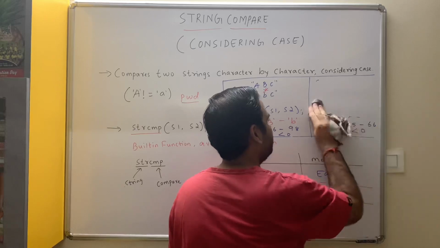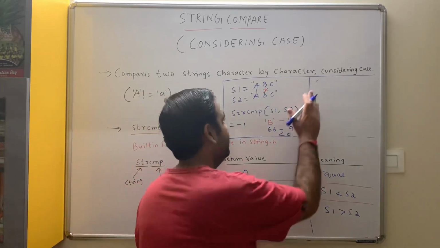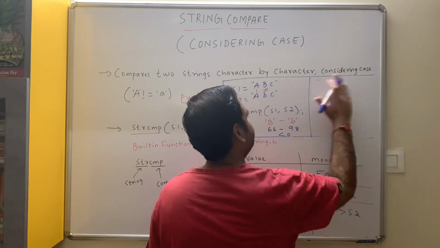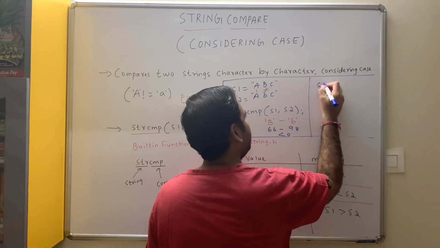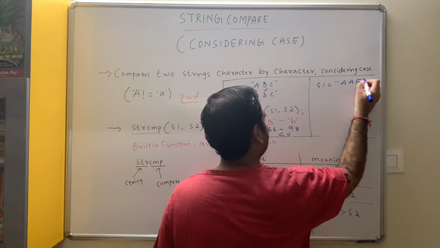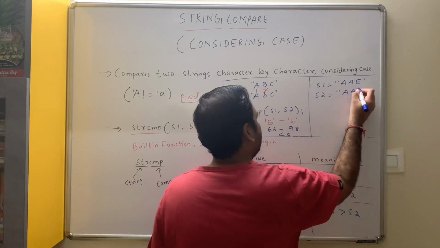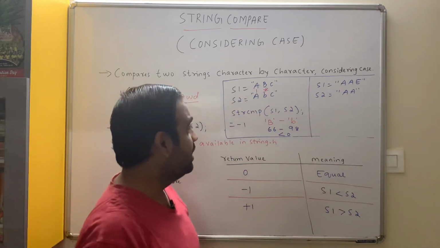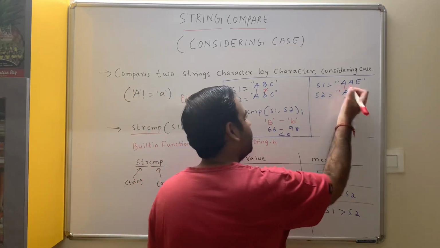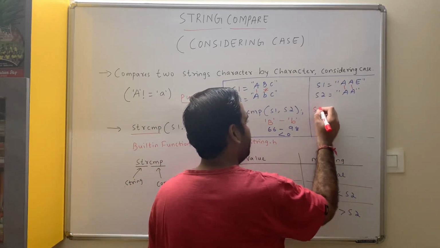Now let's see some more examples before we write the program for the same. Now if I say s1 is equal to aae and s2 is equal to aa. Now how will this matching work? Now we compare, is a equal to a? Yes. Is a equal to a?